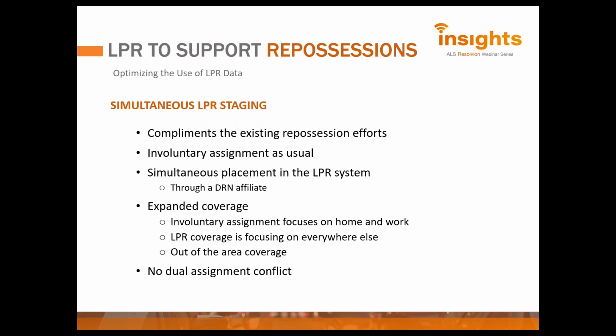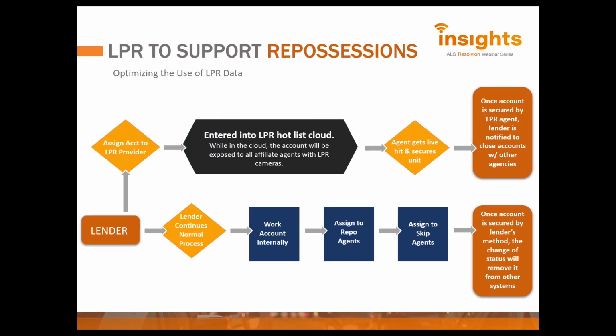Yeah, and Mike, I can add to that as well. If you imagine assigning an account to a direct agent in the field, and then simultaneously that account resting in a cloud environment to where basically no other agency is going to have access to that account. However, the electronic eyes of the cameras that are running around are looking for that car, looking for that plate. And as soon as one passes, then it approves the process for them to go about validating that information, validating the VIN number of the car, and then they call into ALS Resolvion.